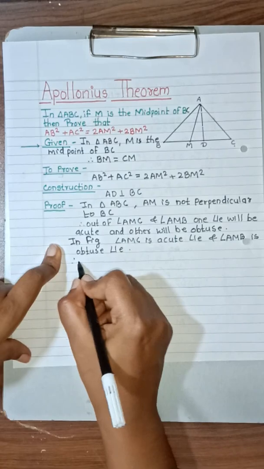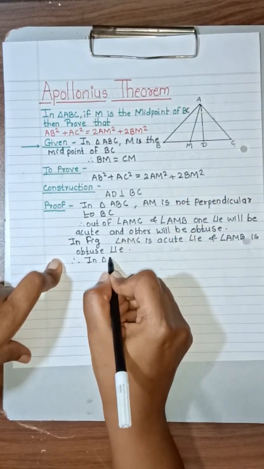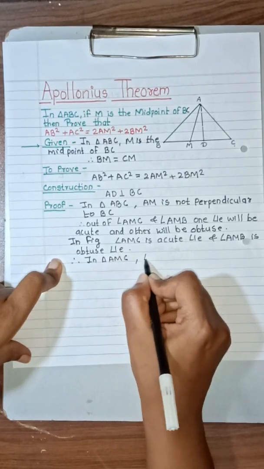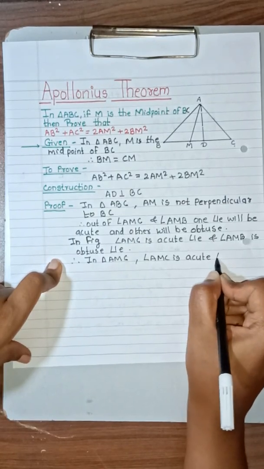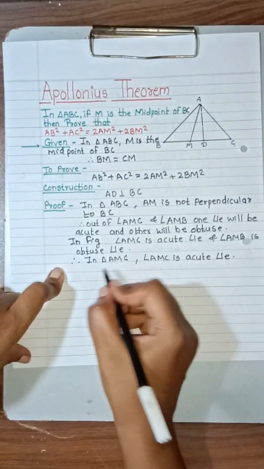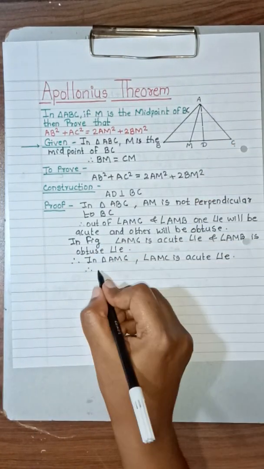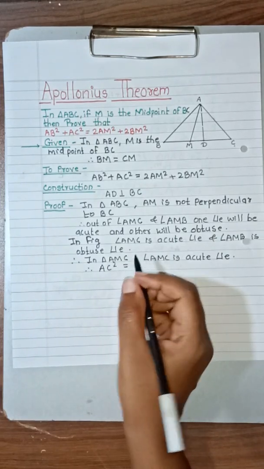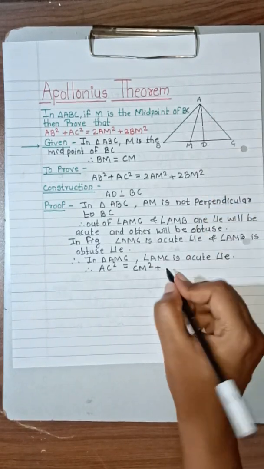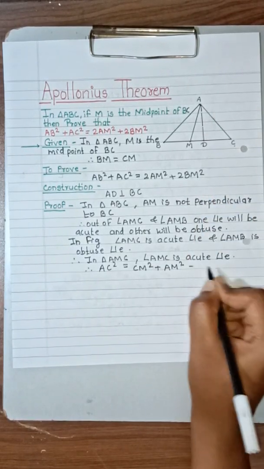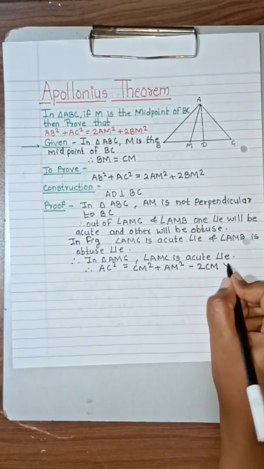Now let us consider triangle AMC. In triangle AMC, angle AMC is an acute angle. Now by applying the acute angle theorem, what will you come to know? AC square is equal to CM square plus AM square minus twice CM into DM.